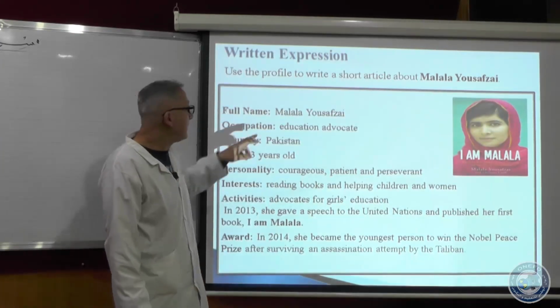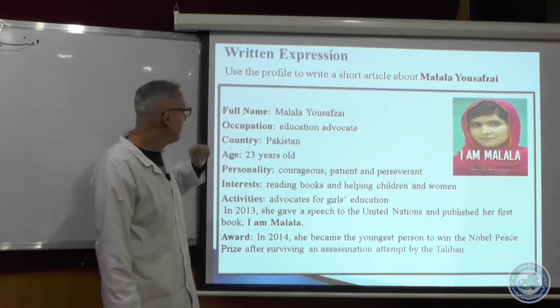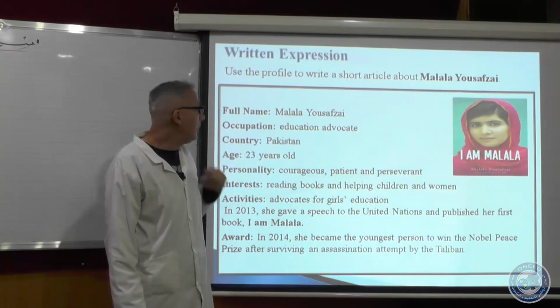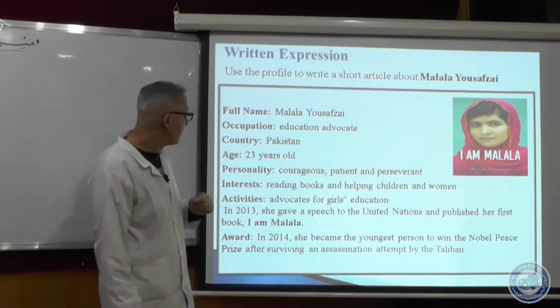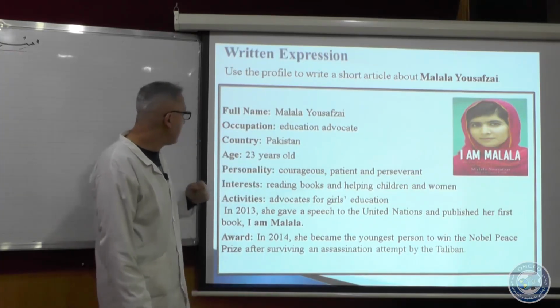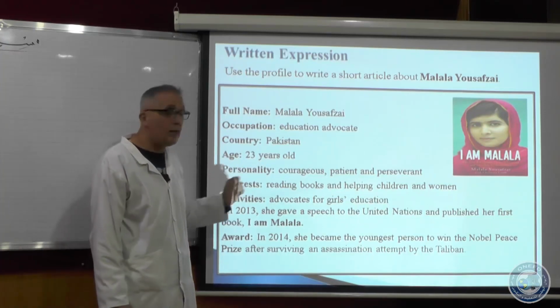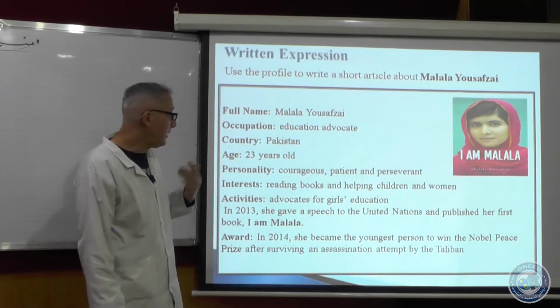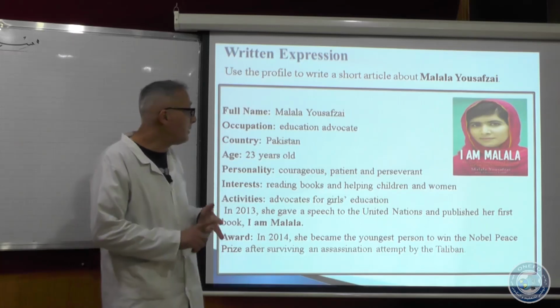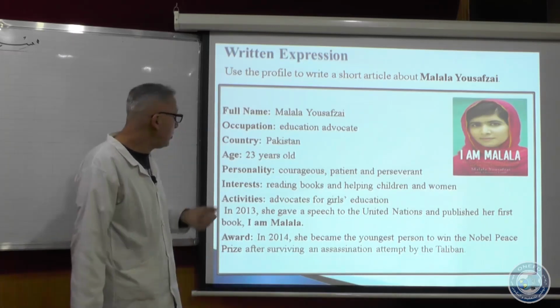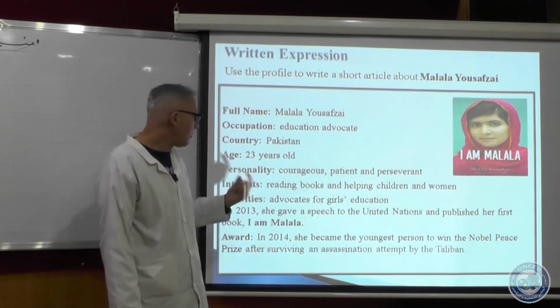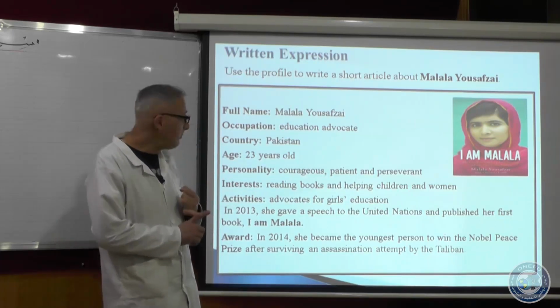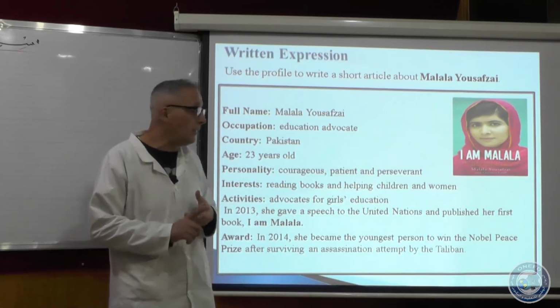The full name is Malala Yousafzai. Occupation, education advocate. Country, Pakistan. Age, 23 years old. Personality, courageous, patient, and perseverant. The interest, she likes or she is interested in reading books and helping children and women.